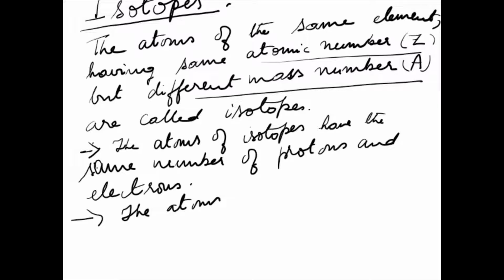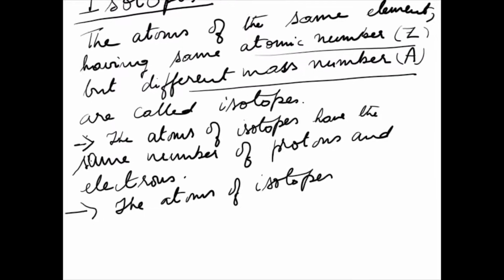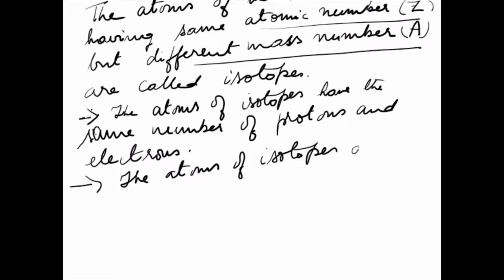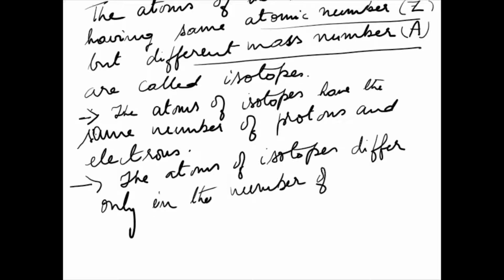The atoms of isotopes differ in the number of neutrons. Okay, the atoms of isotopes differ only in the number of neutrons.